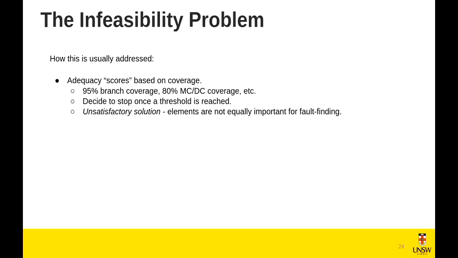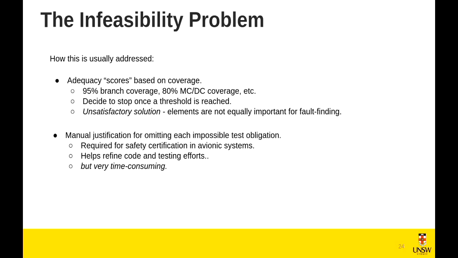So this is why simply using a threshold is not an ideal solution. The ideal solution is to manually justify the omitted impossible test obligations.